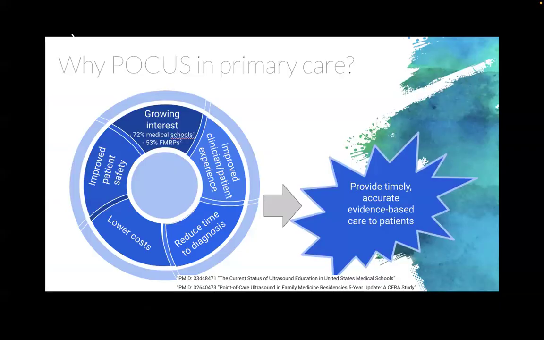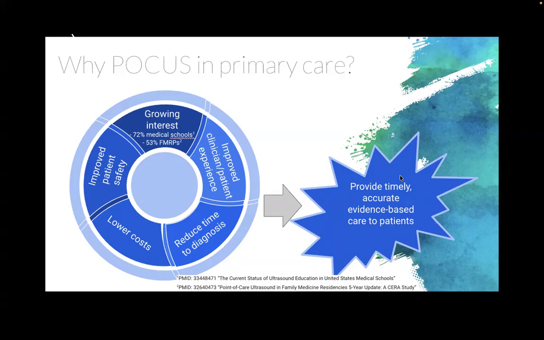In primary care, why should we use point of care ultrasound? Well, first off, there is a lot of growing interest. In almost up to 3/4 of medical schools, there is currently some sort of point of care ultrasound training, and also in up to 50% of family medicine residency programs.